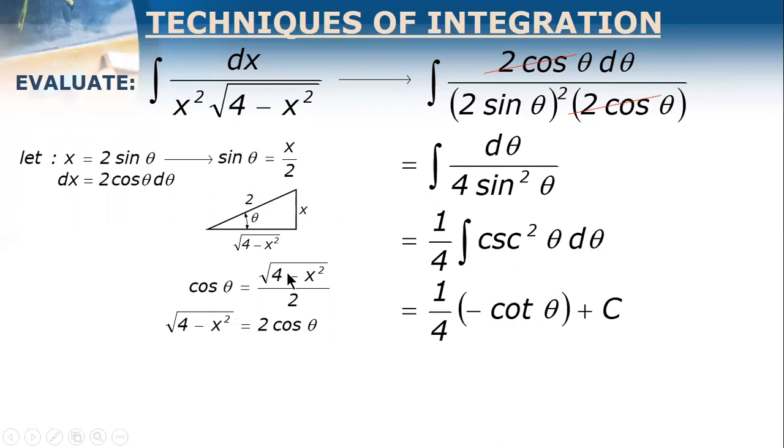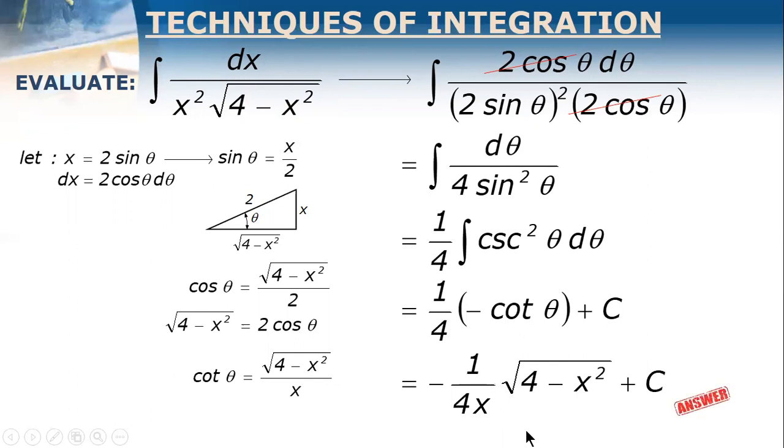So from the triangle, adjacent over opposite, cotangent theta is square root of 4 minus x squared over x. So you substitute this one, and the final answer is negative 1 over 4x times square root of 4 minus x squared plus c.